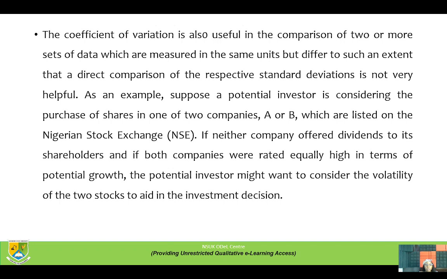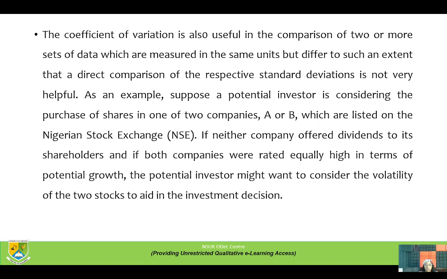Let's consider an example. Suppose a potential investor is considering the purchase of shares in one of two companies, A or B, which are listed on the Nigerian Stock Exchange.